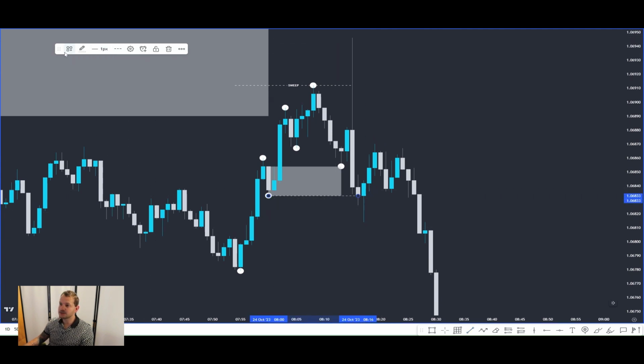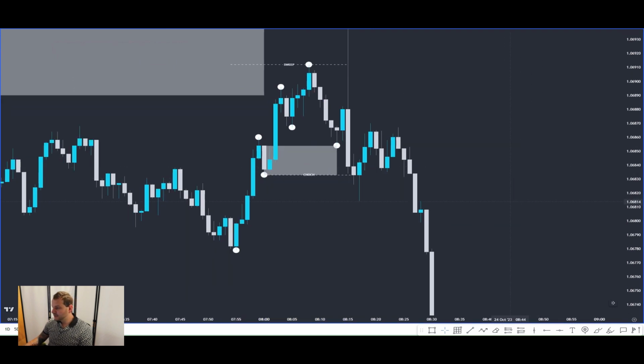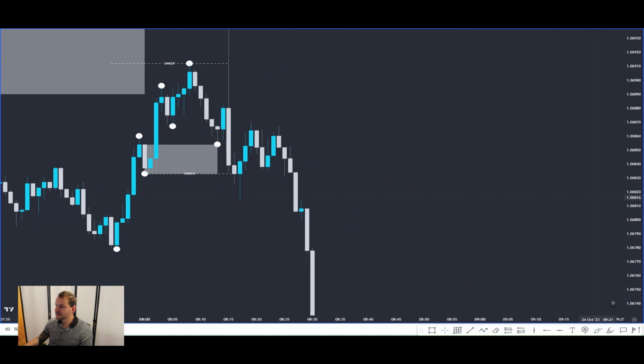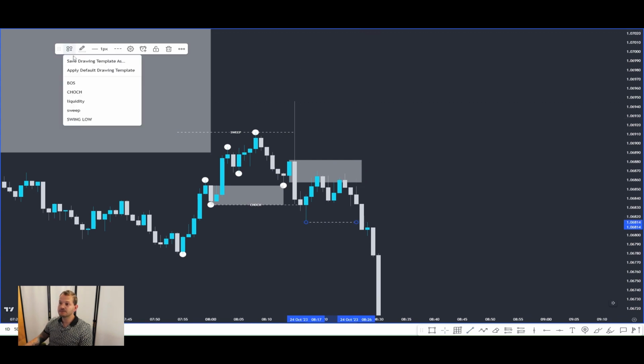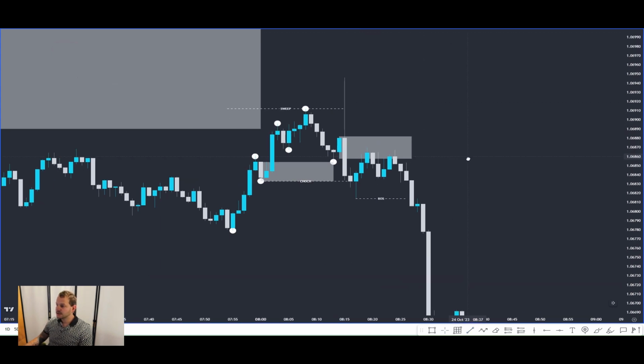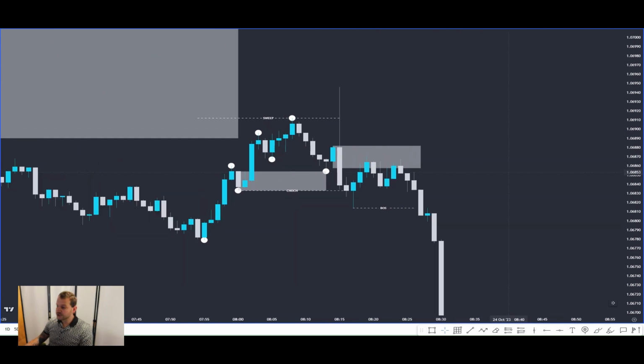So that's a new CHoCH basically. And then we respected this candle. So we respect the buy, and then we sold through that. So that is the second break, guys. So the first break is the CHoCH, the second break is the BOS, the break of structure.